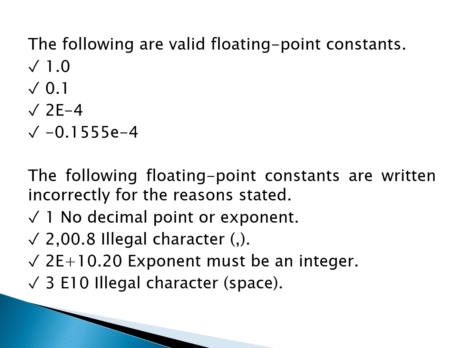Then 3 e10 is illegal because when we are writing a floating point constant, the sequence must be sign, digits, then period and digits. Here it has a space. Space is not allowed in floating point constants.